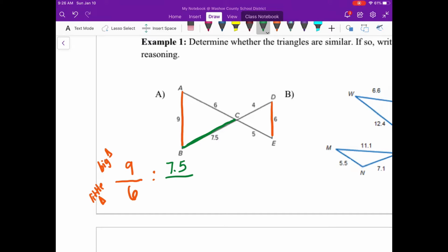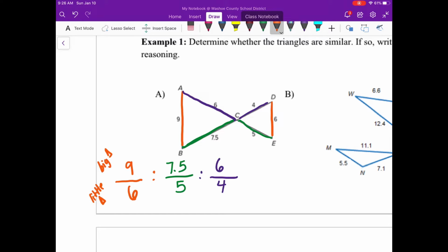So if I'm looking at my big triangle, the next big side is 7.5. And then my next big side in the little triangle is going to be 5. Okay. And then setting that to my next big side in the big triangle would be 6, and that is going to be compared to 4.